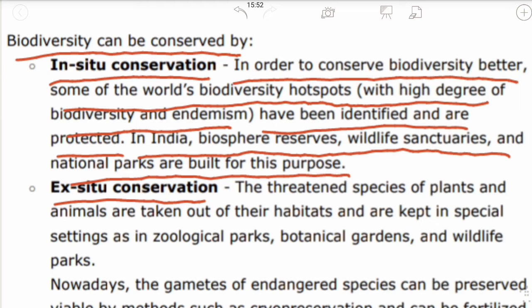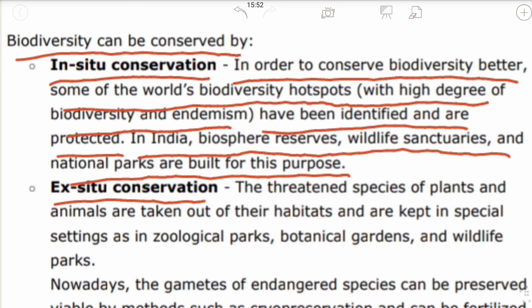So what happens in in situ conservation? To conserve the biodiversity, we create biodiversity hotspots. First of all, you should understand what a biodiversity hotspot is. It is a region where we find many species. This is called a biodiversity hotspot. 34 hotspots are present in the world.